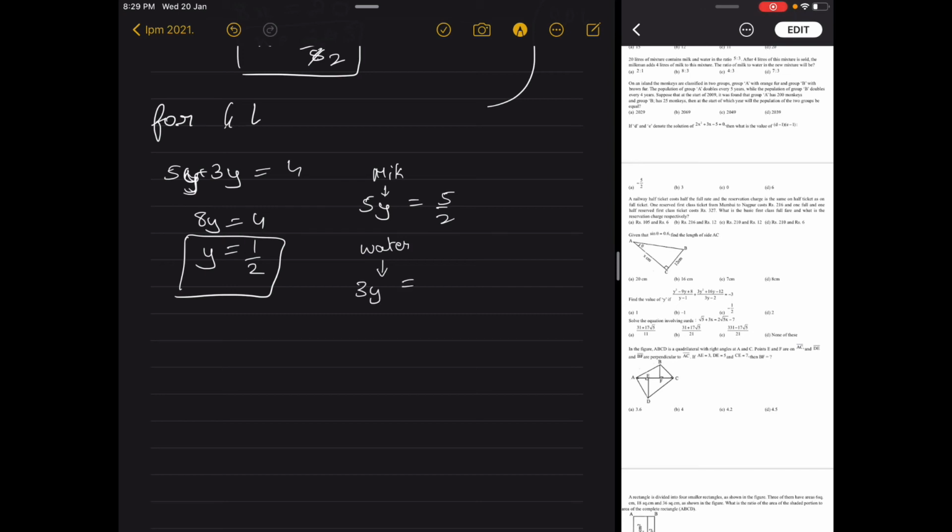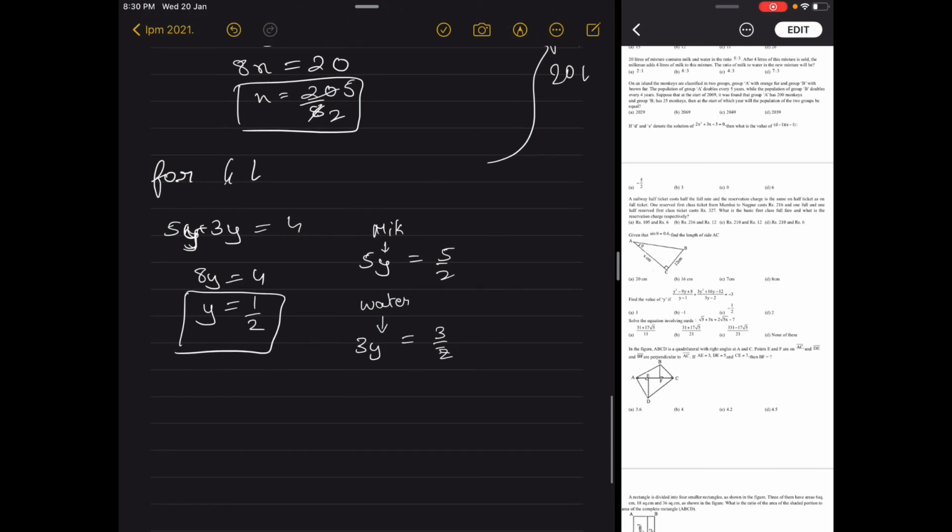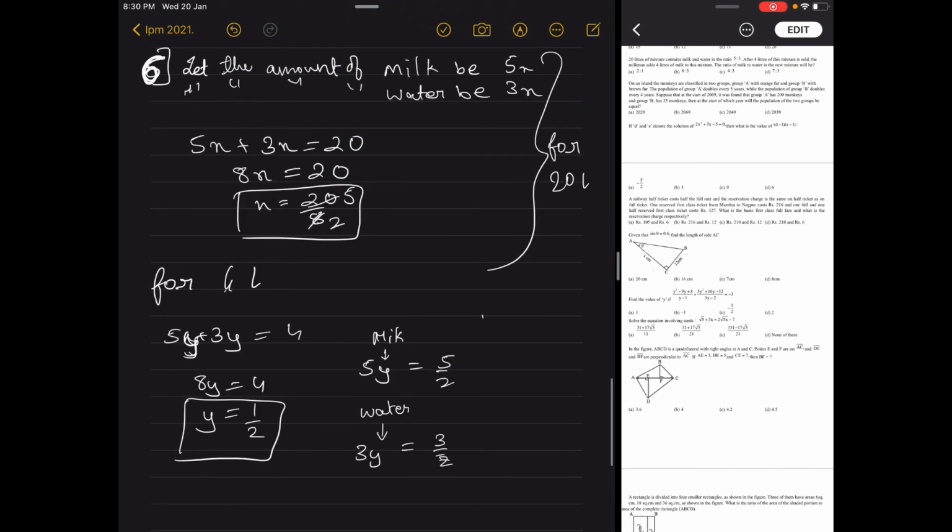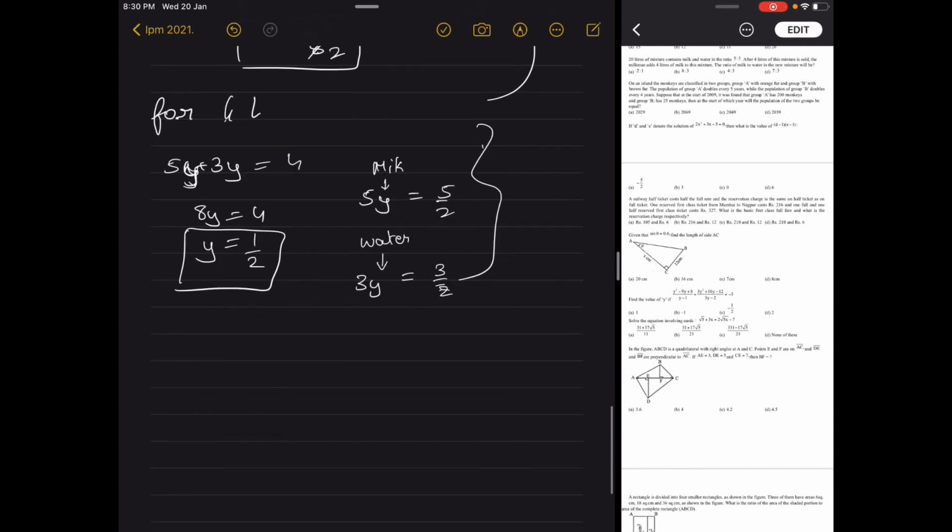It is not sold separately, it is one mixture, but the quantity of each that has gone is 5 by 2 liters and 3 by 2 liters. Now that we know this much is gone, and this much was at the start, how much is remaining? That's the main point.